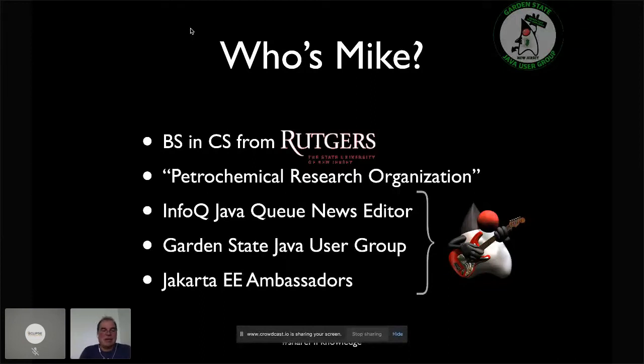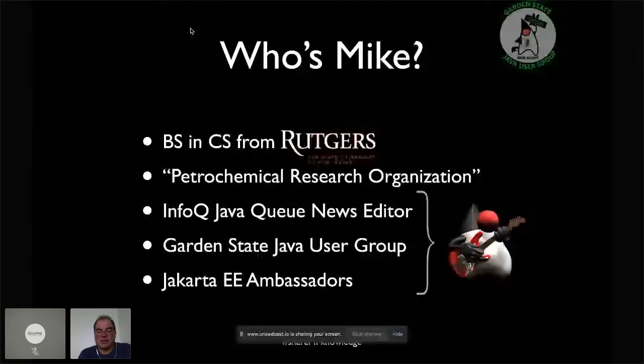So this is me. My background is from computer science at Rutgers, and even though I practice polymer physics, I've had some assignments in the company in IT over these past 32 years. But in my off hours, I do a lot of contributions to the Java community. I'm the lead Java Q editor for InfoQ.